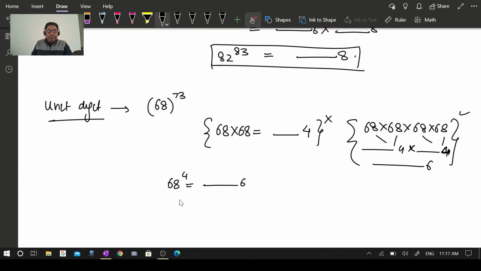Then any multiple of 4 less than 73, directly write 68 to the power 72 ends with 6. Then 68 to the power 72 into 68 more would give a number ending with 6 into 8. 6 8s are 48, which is 8.